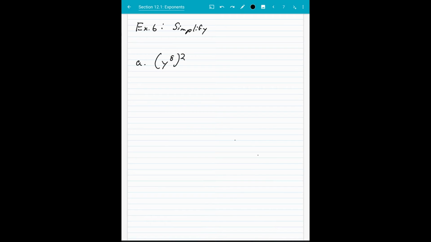Kind of like if we have 2 times 3, we look at this as multiplication, so we would say 6. Or if we had 3 times -4, and we had both of them in parentheses, still means multiplication, that makes -12. So I kind of view this as multiplication because they're next to each other.